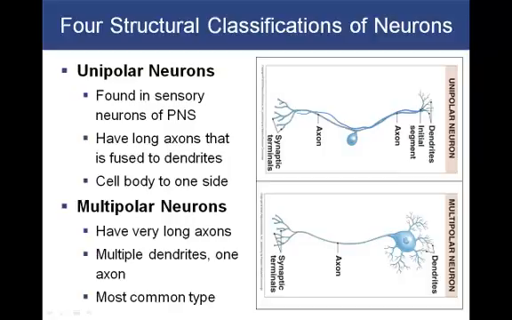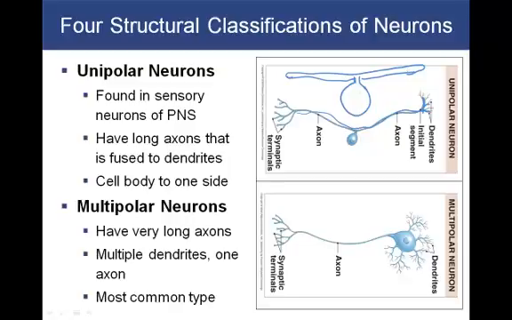You have dendrites that are fused to the axon at one end of the cell, and you have the cell body that is separated. Let me just increase this picture. Here's your cell body. You then have a process that goes in either direction, one way towards the terminal axon and the other way towards the dendrites. So this is unipolar.